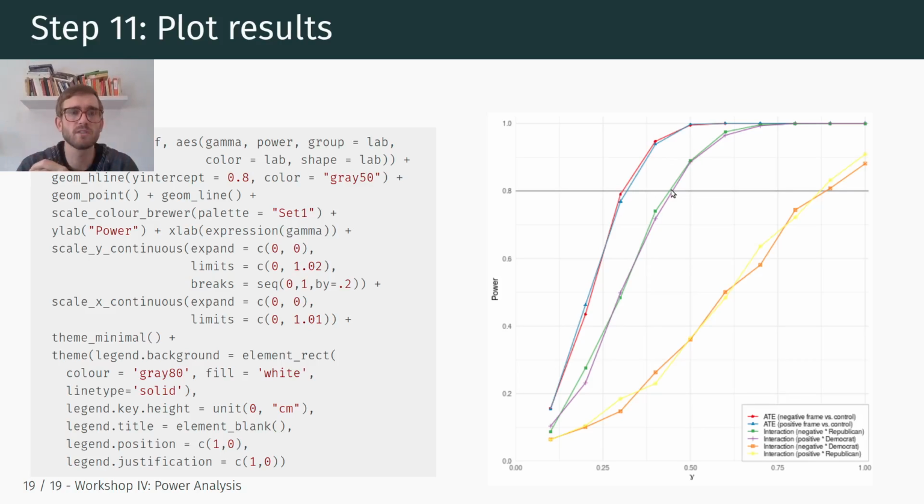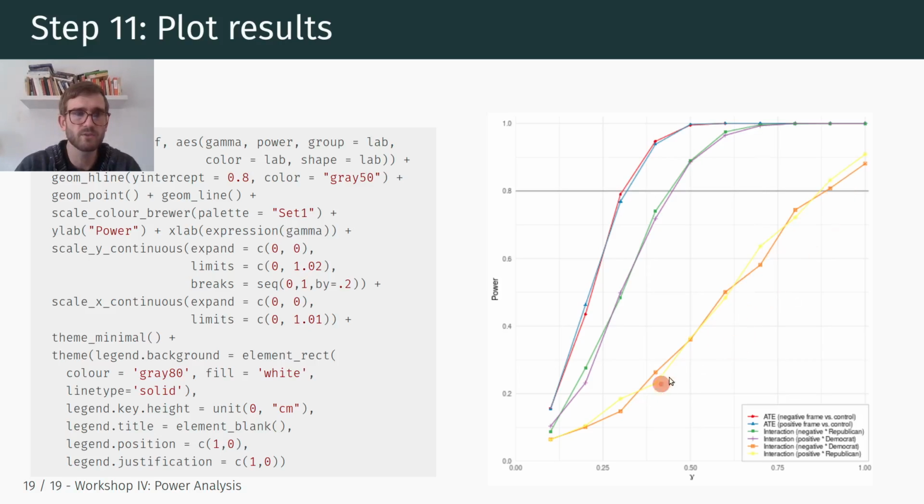Under those assumptions, we have sufficient power to identify that effect, so to speak, right? So that's also sufficient for a reasonable range of effect sizes. We will have enough statistical power to identify this motivated reasoning pattern, as well as the main treatment effect of this positive and negative frame.